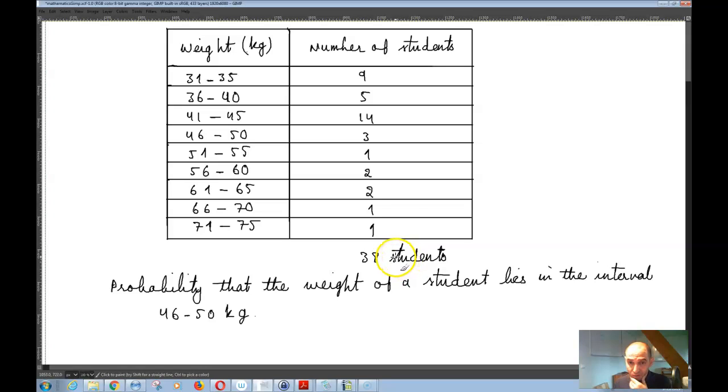That's exactly 46 to 50 kilograms, so you don't have to do much here.